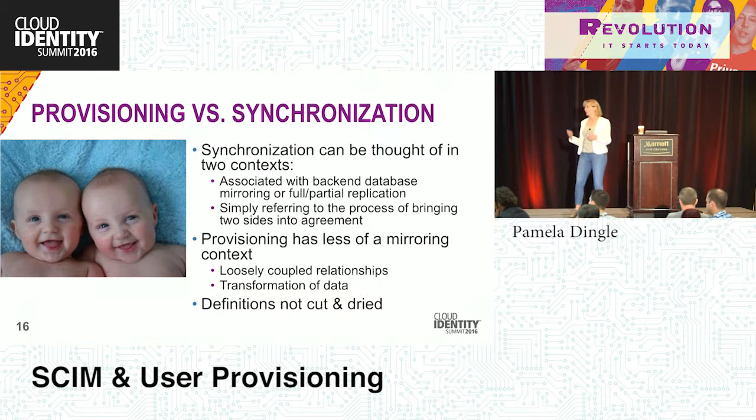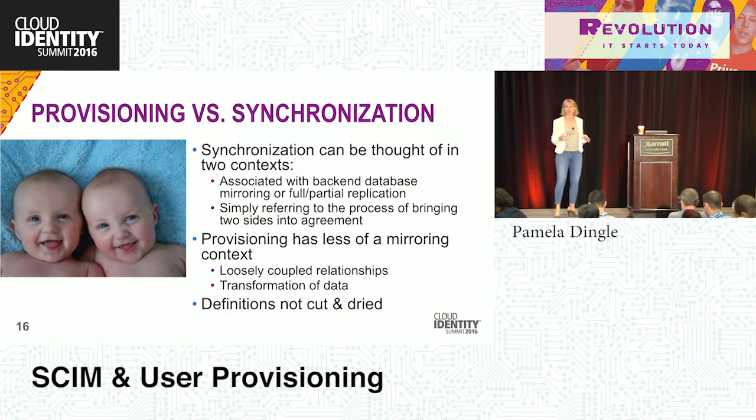Or you may not want to replicate, I don't know how many groups you guys have in your Active Directories, but lots of people have hundreds of thousands of groups. So do you need to put all of those hundreds of thousands of groups into every application? Absolutely not, right? If you can only put a subset of groups into an application that they need, then everything's cleaner. You adhere to least privilege.